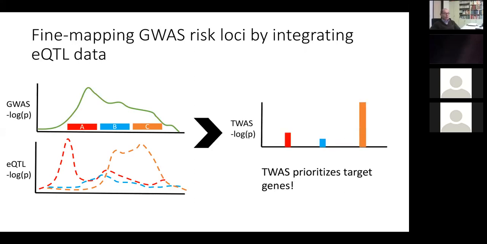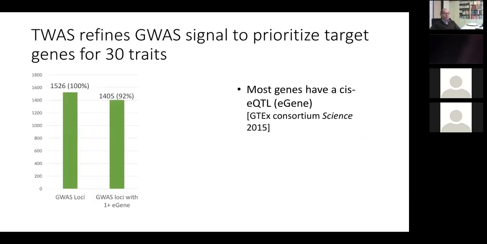However, if we incorporate LD, TWAS gives us a principled way to fine map genes which are impacting traits. So here we see that it's actually gene C that's driving the risk, despite the fact that offhand there seems to be a large overlap between gene A and risk for disease. With that in mind, our data has approximately 1,500 GWAS hits and around 90% harbor cis eQTL.